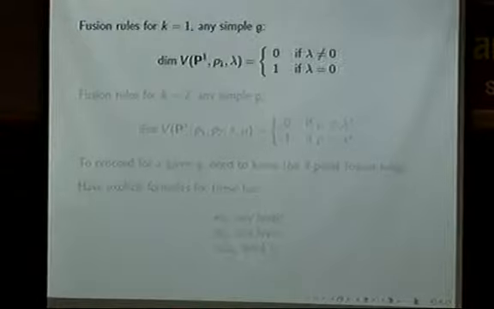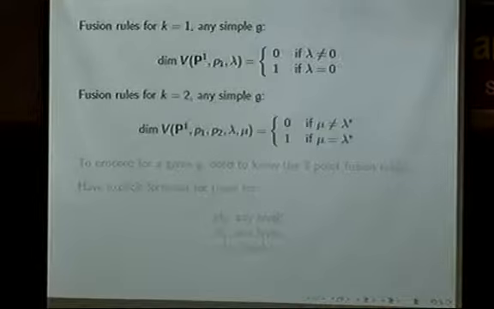The conformal block for P1 with 1 marked point is either 0-dimensional if the weight is non-zero, or it's 1-dimensional if the weight is 0. If you have P1 with 2 marked points, then you get a 0-dimensional conformal block if mu is not the star of lambda, and you get a 1-dimensional conformal block if mu is lambda star.